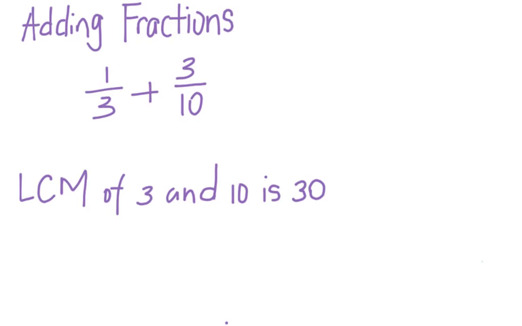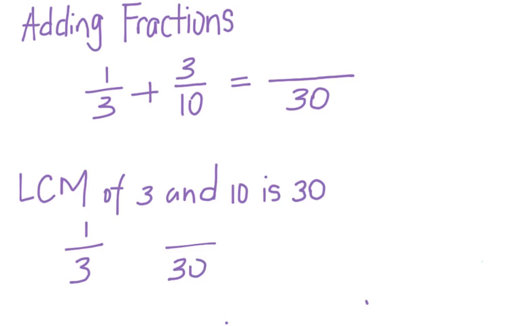So therefore, for our answer, we're going to have a denominator which is going to be 30. Now we have to make 1/3 into a fraction where the denominator is 30, and we have to make 3/10 into a fraction where the denominator is 30. So let's look at 1/3. For 1/3, we need to get a denominator of 30.